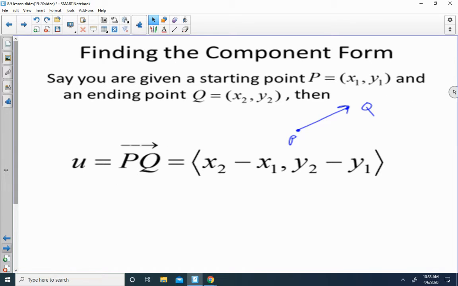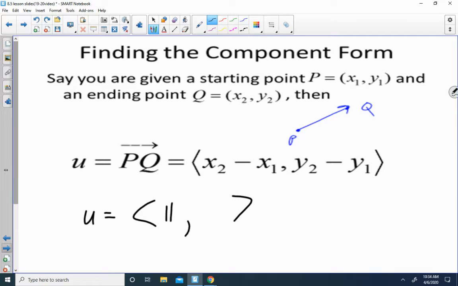So now, moving on, let's say I need you to find what the component vector is. I need to find exactly what number will move me left or right, and what number will move me up or down. To do that, here's the formula. You're going to first have to determine your start point and your end point.